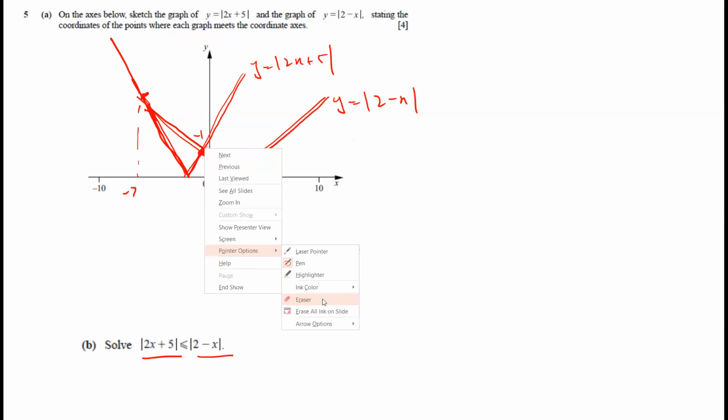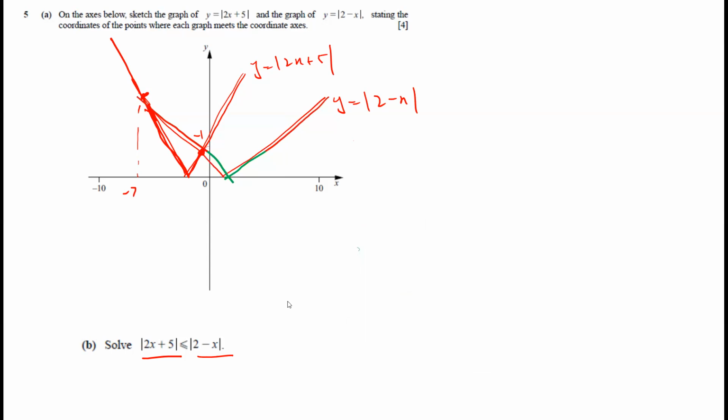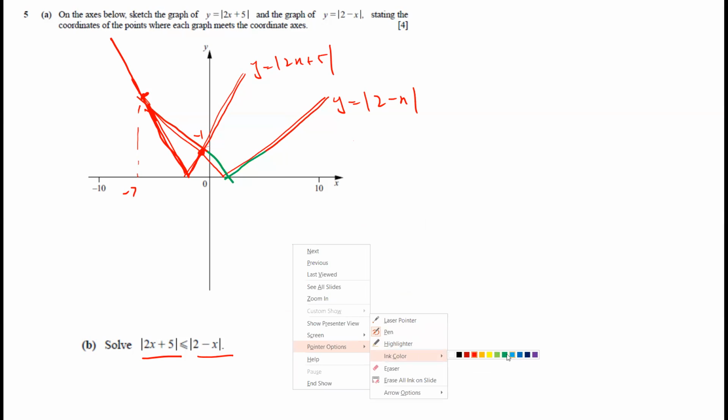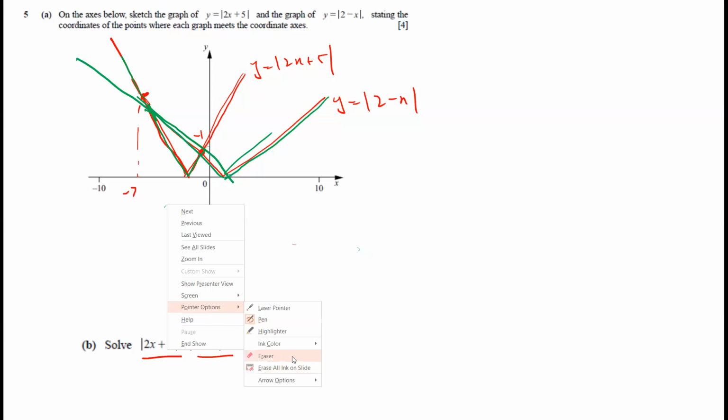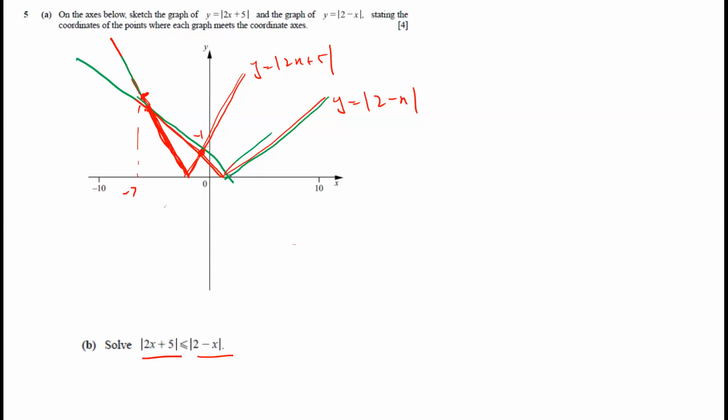So if we plot the green line, it will go from here and this is your green line. So this is your red line. The red line is less than the green line between minus 1 and minus 7.